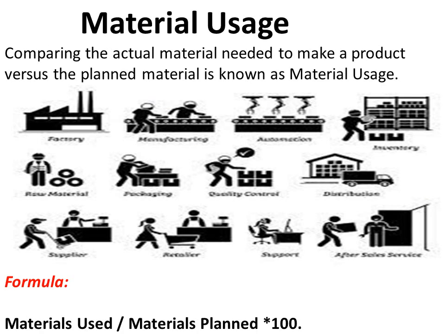Material usage: this KPI is related to the material we have used during the manufacturing process. Here we compare the actual material needed to make a product versus the planned material, which is known as material usage or yield.